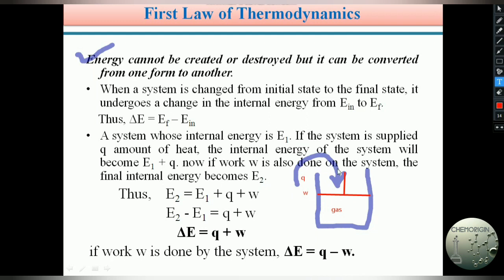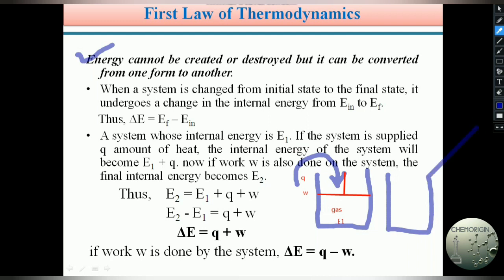Before applying Q amount of heat, the initial internal energy of the gas is assumed to be E1. After applying Q amount of heat and W amount of work takes place, let us see how the change in internal energy takes place.